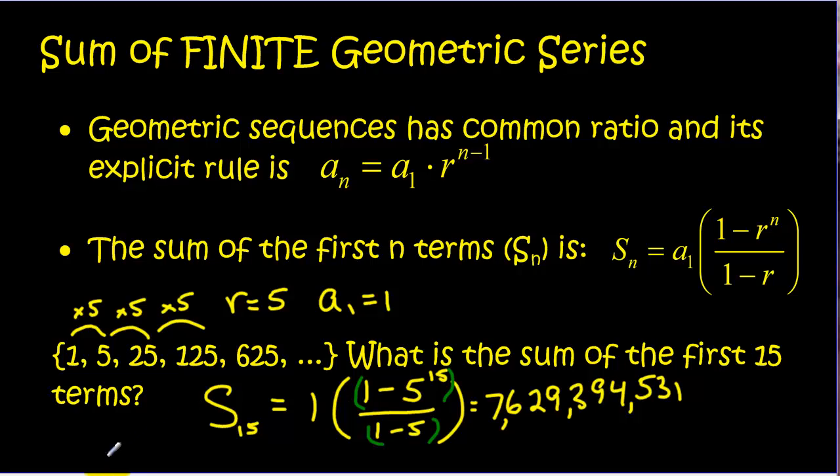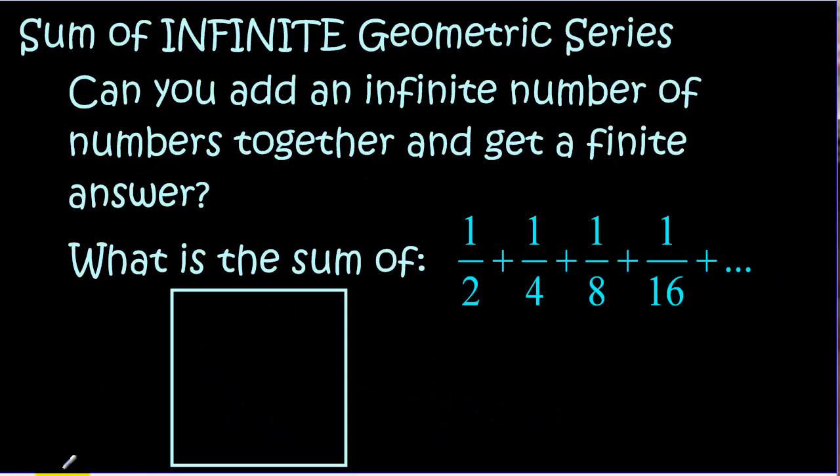Now let's look at what if we have an infinite geometric series, and can I add up each of these numbers? Can I add up an infinite of these numbers and get a finite answer? So here, every time we go, our common ratio here is 1/2. So we are multiplying by 1/2.